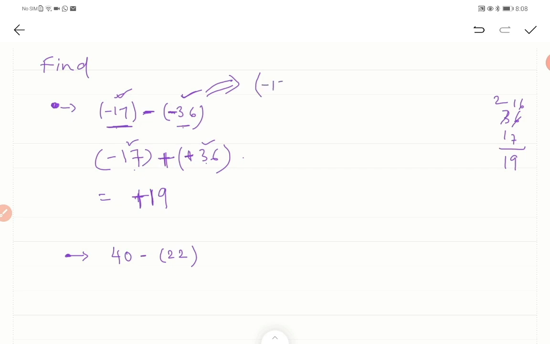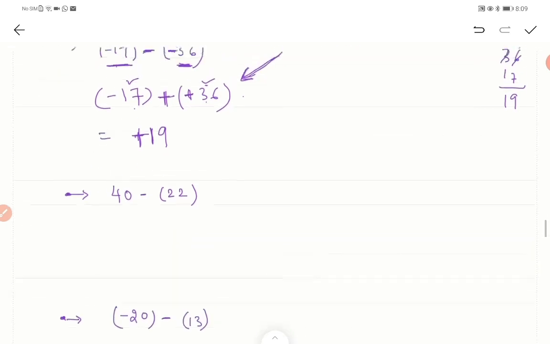So I will take minus 17 plus 36 directly. I got the same result. Step by step, in terms of the rule, you take the additive inverse of minus 36, which is plus 36. We got the same one, isn't it?